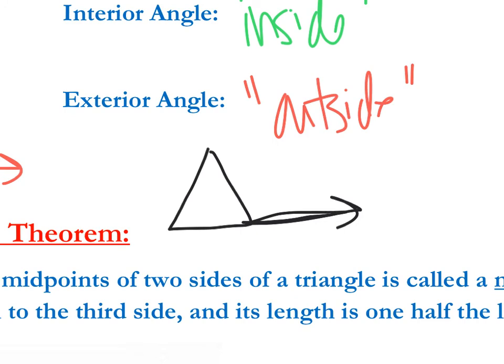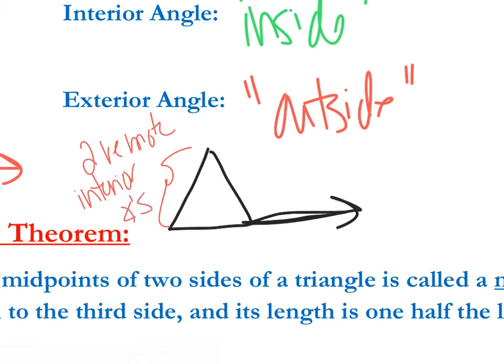What's special about interior and exterior angles is that the two remote interior angles will add up to the exterior angle. So if we had, let's say, 50 and 90 degrees, then y would equal 140 degrees.